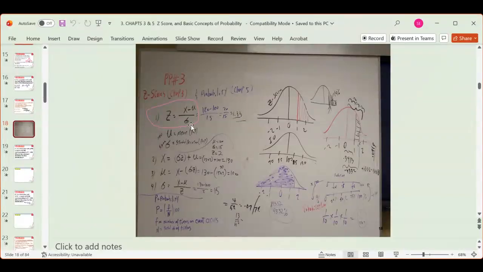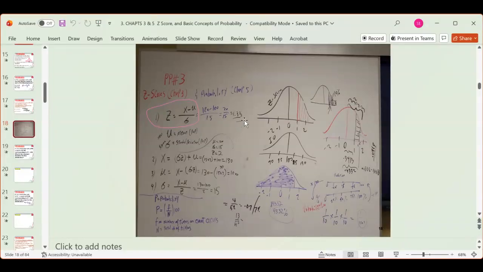Like a Hershey's Kiss. X is 120, mu, which is the population mean, which is the mean for IQ, is 100. So 120 minus 100 is 20 on the right. And the standard deviation for IQ is 15. So 20 divided by 15 is 1.33.